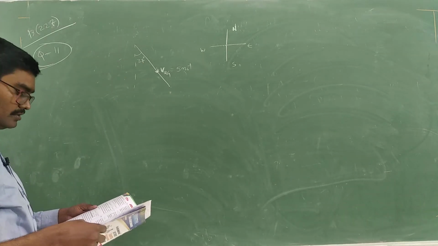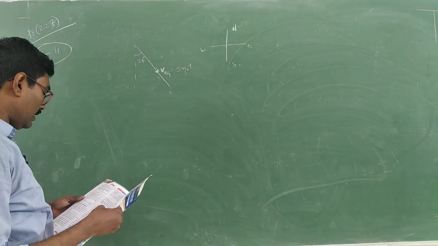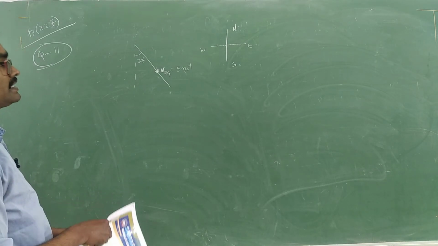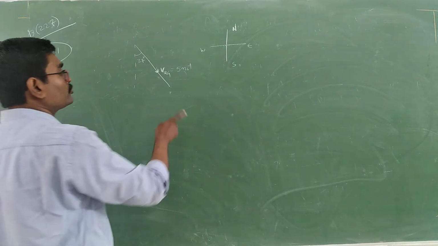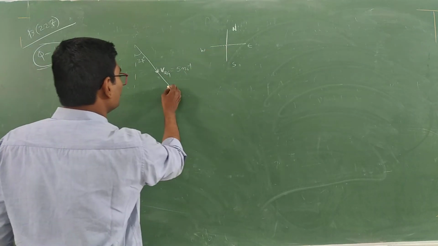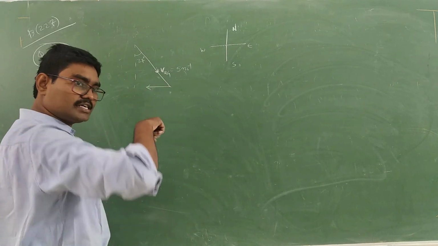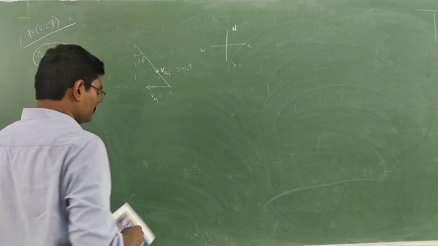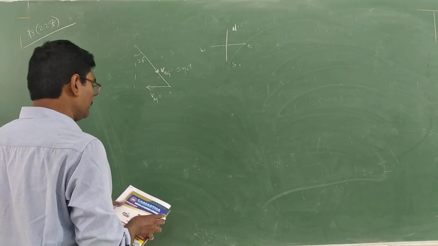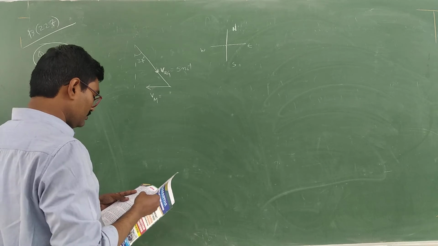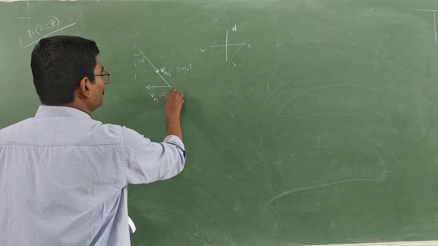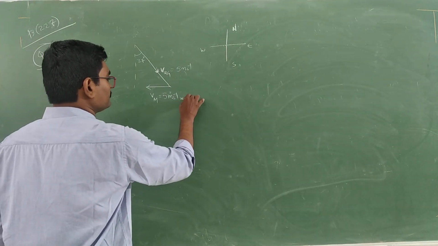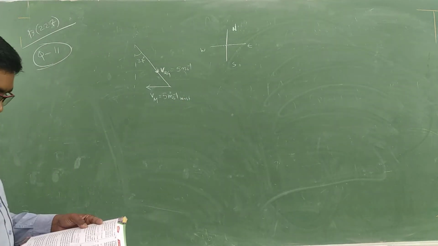Right side, east side. Now, a man is moving to west with a velocity of 5 meters per second. Man is moving to west. West means this side. So yes, he is going in this direction. Velocity of man is equal to how much? 5, same. 5 meters per second, but towards west. Now what are they asking?